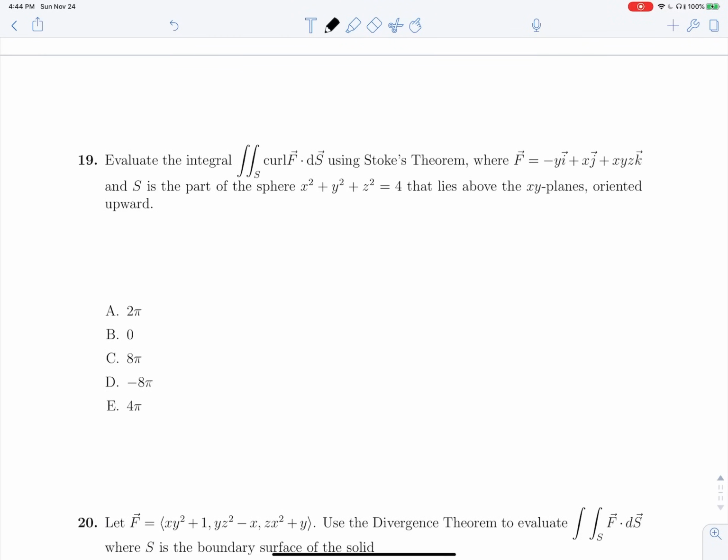Let's evaluate the integral of the curl of F dS using Stokes' theorem. It's a generally good idea when Stokes' theorem comes up, if they tell you to evaluate the line integral of F dot dr, almost all the time, really what they want you to use is the double integral over S of curl F dot dS.